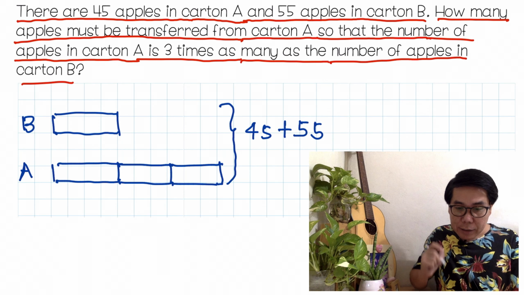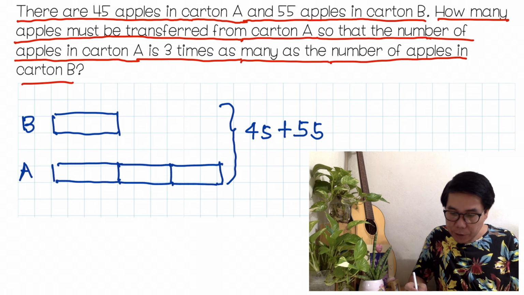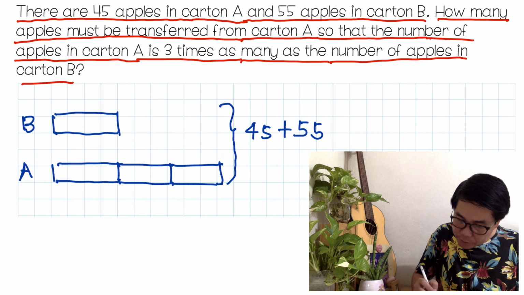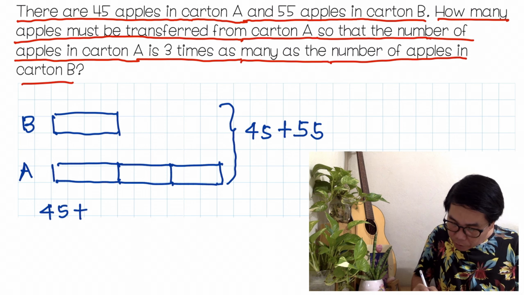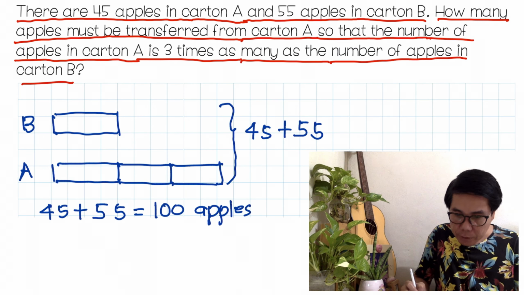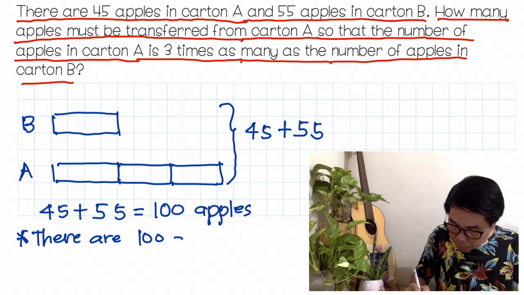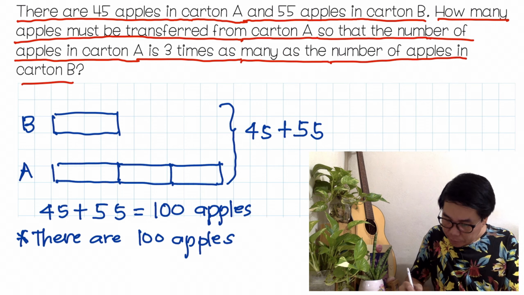Then we are going to add first the apples in carton A and carton B. So 45 plus 55 is equal to 100 apples in all.